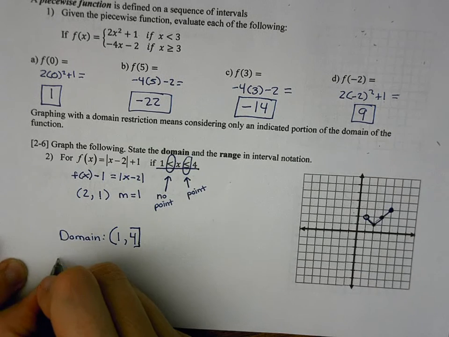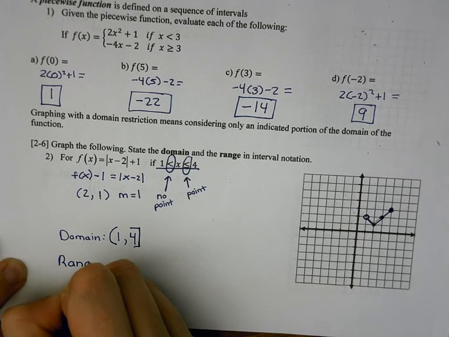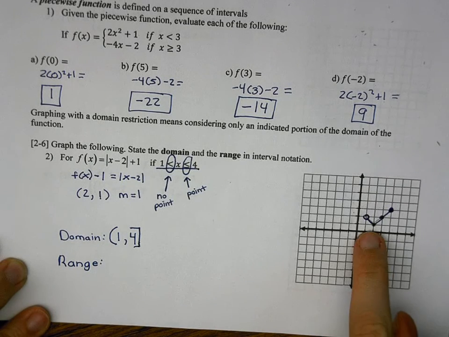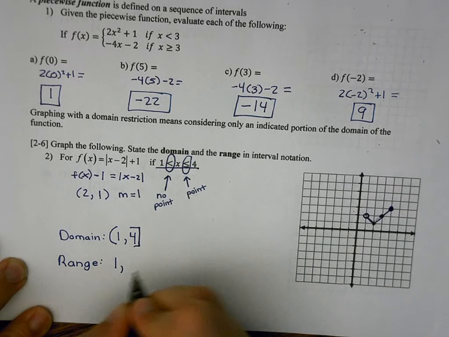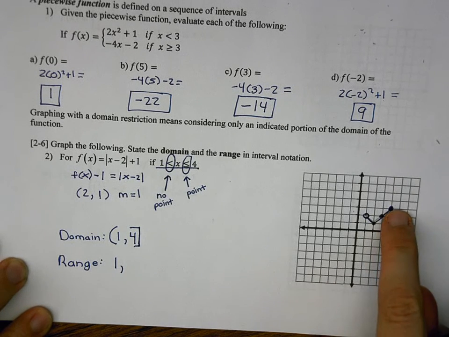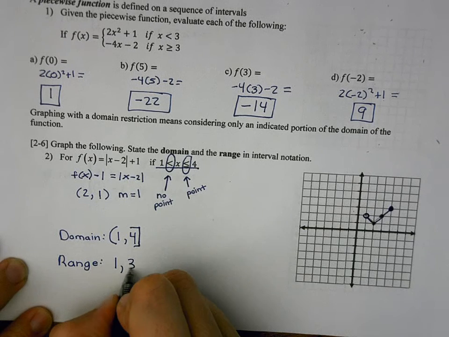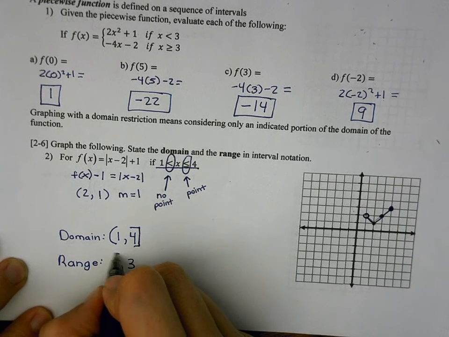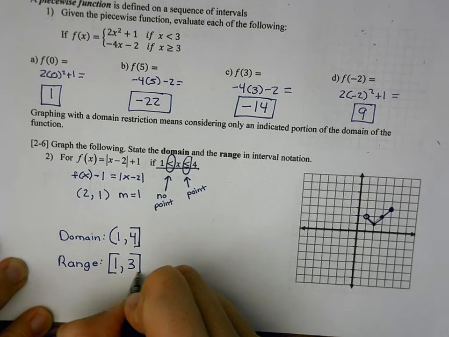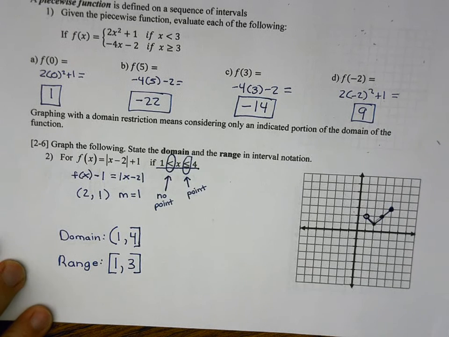Okay, and then range, my y values. My y values, the lowest one is at 1. The highest one is at 3. And there's no break in between, so I'm going all the way from 1 to 3. Okay? And there are points at both y equals 1 and y equals 3, so I'm doing brackets on both values.